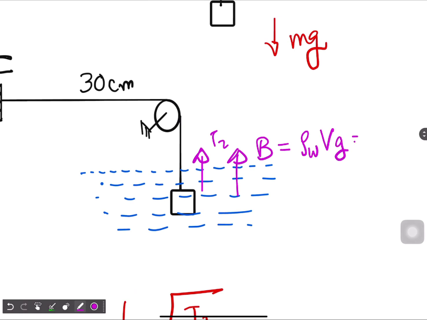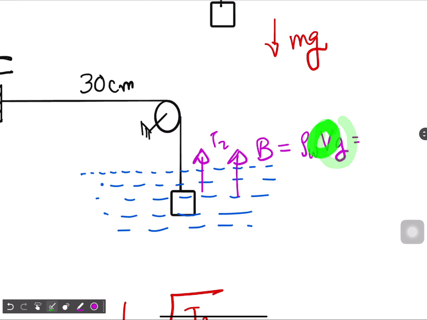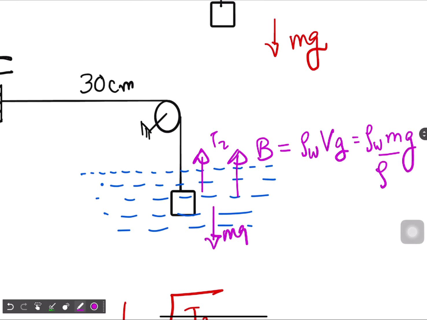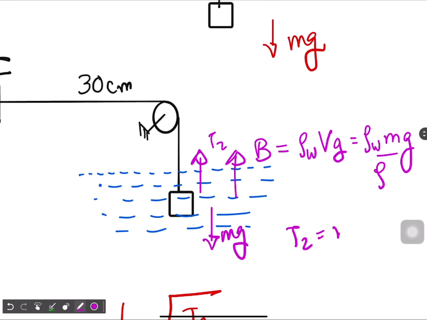And volume of block will be mass of the block divided by density of the block, and then multiplied by g. And we again have mg acting downwards. So now your tension T2 is equal to mg minus buoyant force.